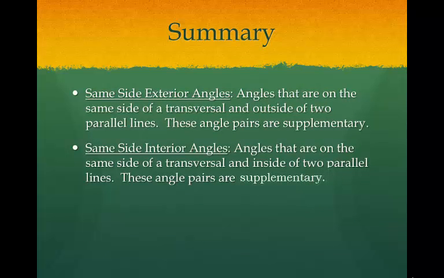Our last two definitions were same side exterior angles, which are angles that are on the same side of a transversal and outside of two parallel lines, and same side interior angles, which are angles that are on the same side of a transversal and inside of two parallel lines. And we know that both same side exterior and same side interior angles are supplementary.